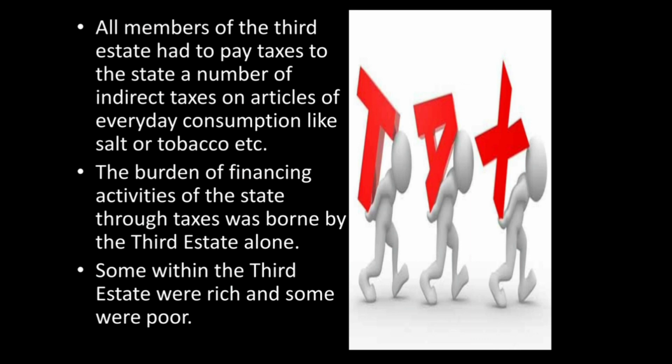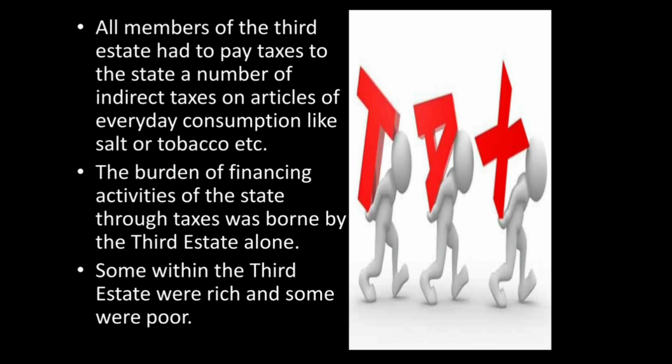And we already discussed that any type of government needs tax to run its country or nation or to meet its financial requirements. So tax is very essential to run a government, whether it is an elected form or monarchical form or any other form. And it was the same for France.